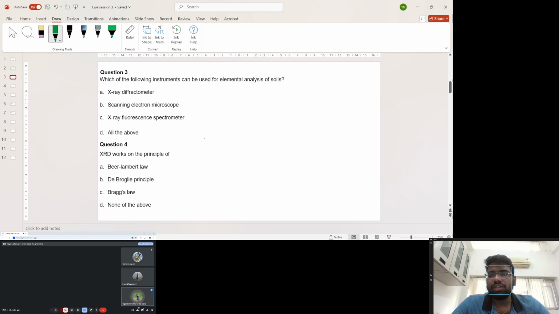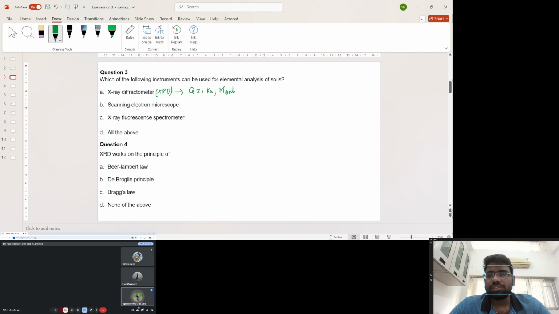To quantify that, we use X-ray diffractometer, XRD, which gives us the mineralogy. You can directly get how much quartz, kaolinite and montmorillonite is present as a mineral composition, right?